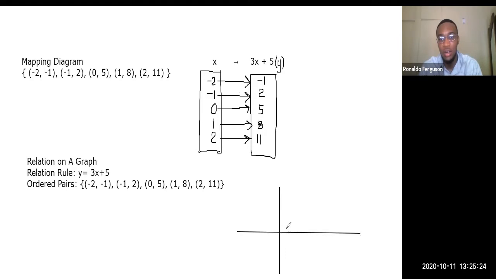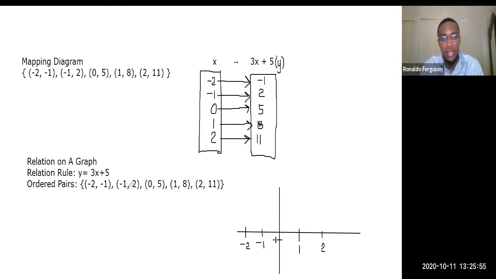So what do we do after that? After we draw our horizontal line and our vertical line, the x values are -2, -1, 0, which is the origin, 1, and 2. Now the corresponding y values are when x is -2, y is -1. So let's put -1 right here.